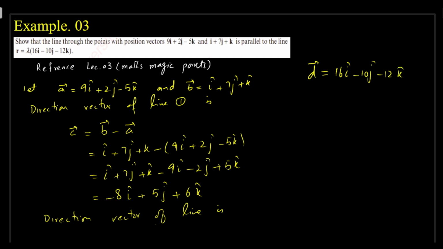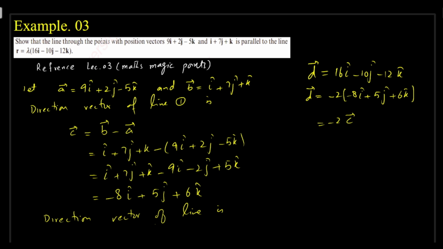Now from lecture 3, these lines are parallel if the direction vectors c and d are parallel. And we know that two vectors are parallel if they are scalar multiples of each other. So d vector can be written as minus 2 times (minus 8i unit vector plus 5j unit vector plus 6k unit vector), which equals minus 2 times c vector.